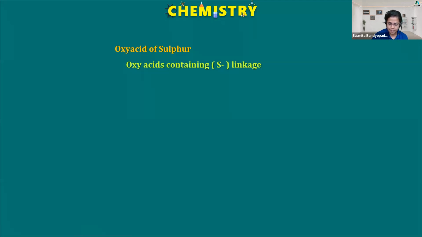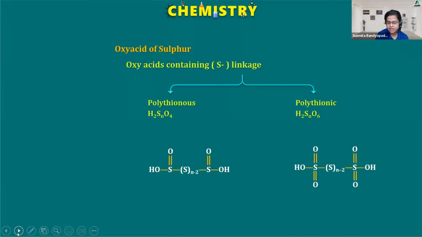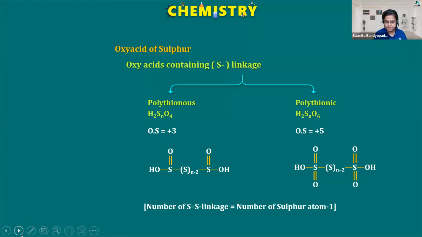Yes, no problem. Oxyacids containing S linkages: thionous and thionic acid. I'll tell you a very easy technique here. In thionous acid, you don't have to worry about this complex thing. Thionous acid will have this kind of linkage.